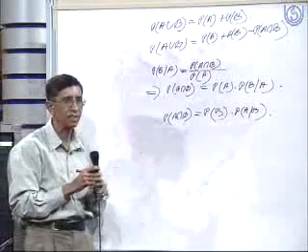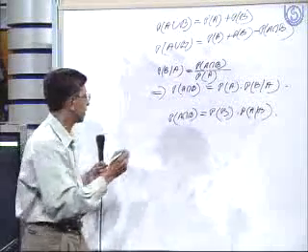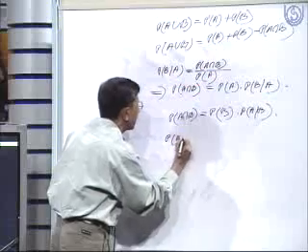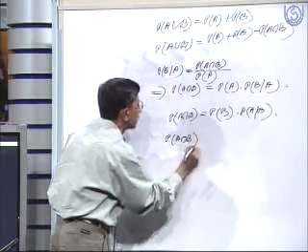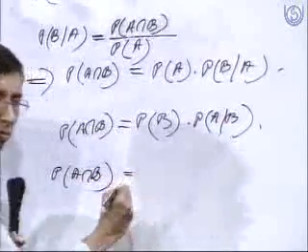So in that case, if the two events are independent of each other, then probability of A intersection B is simply the product of their individual probabilities.